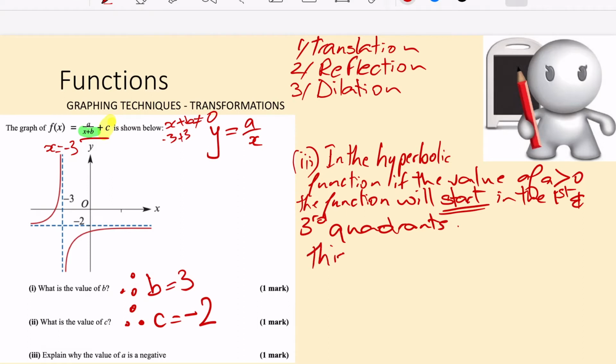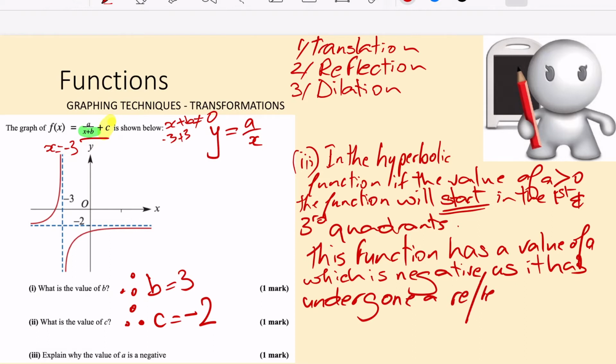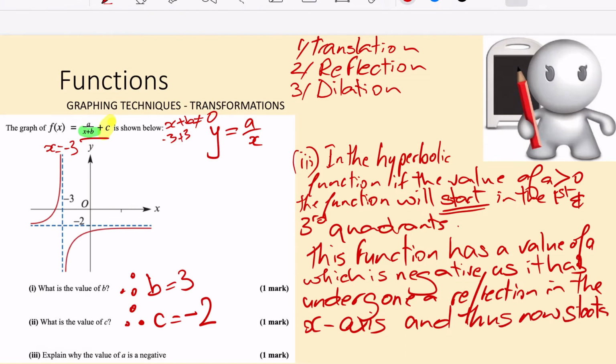Okay, this function has a value of a which is negative, as it has undergone a reflection in the x-axis, and thus now starts in the second and fourth quadrants.